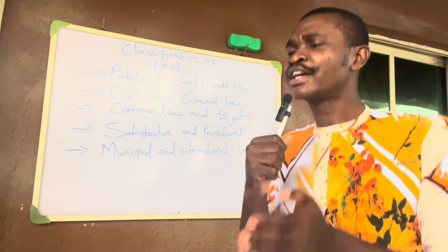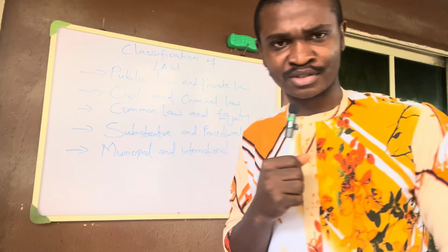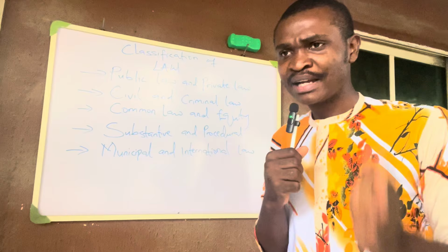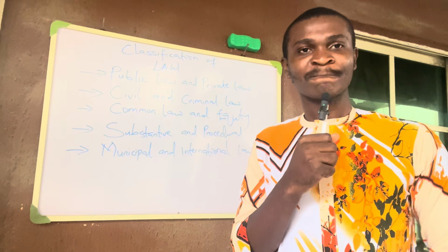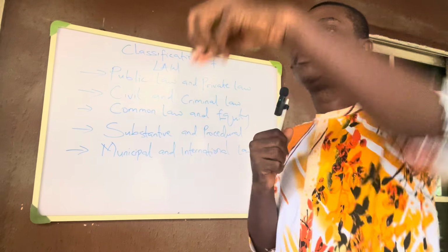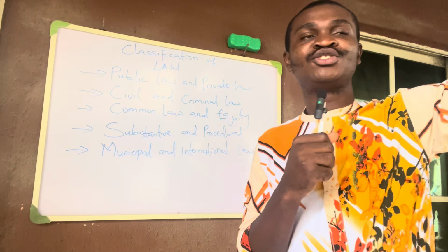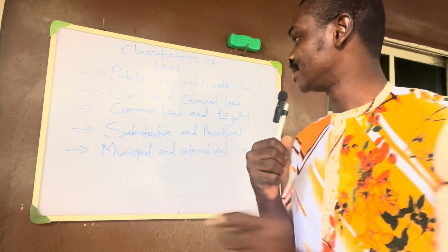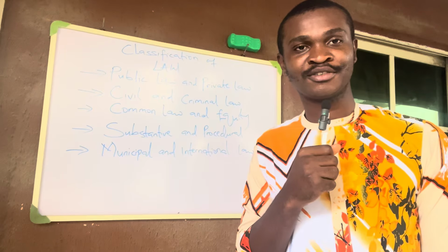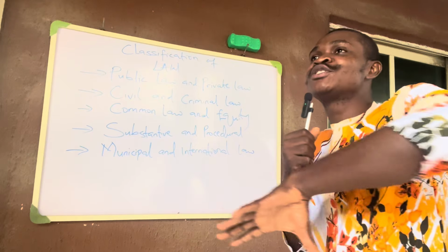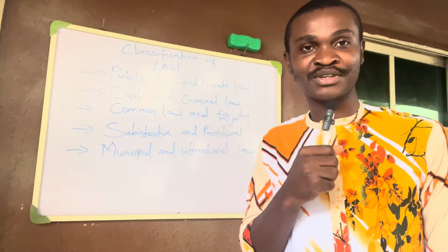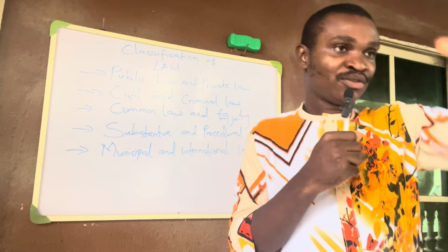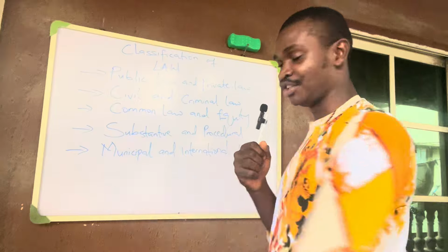Now you want to know how will you bring this matter to court? Procedural law. If you go to court, what law will you be quoting for the judge that this is what the landlord went against? Substantive law. Because these laws are inside Nigeria and applicable to Nigerians, made by our legislature, it is municipal law.